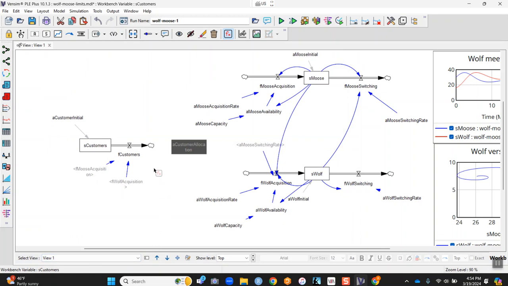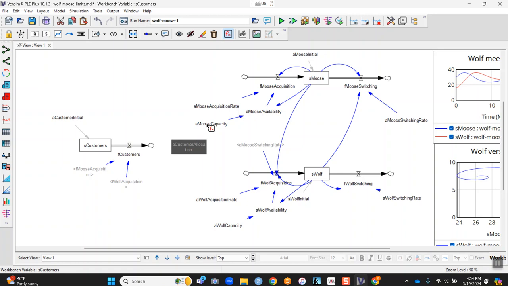So what do we need to do with this allocation? Well, first of all, we need to connect it to customers somehow in some fraction, create some fraction of this so that we can create an assignment to moose capacity.